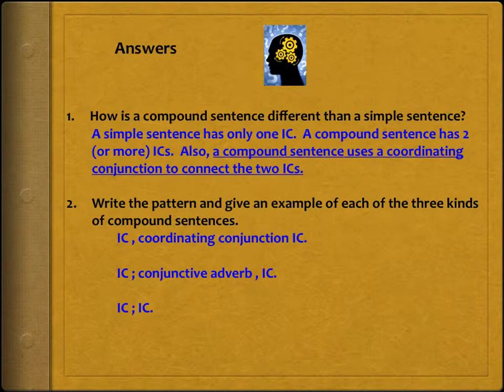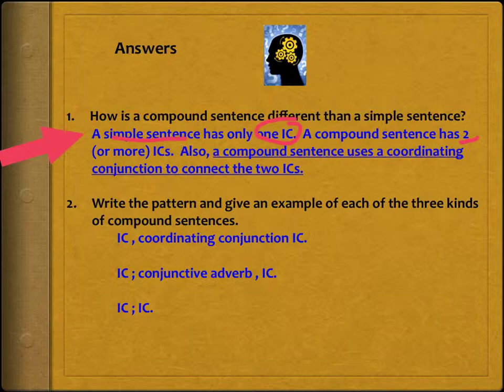How is a compound sentence different than a simple sentence? A simple sentence has only one independent clause. A compound sentence has 2 independent clauses. Also, a compound sentence uses a coordinating conjunction to connect the 2 independent clauses.